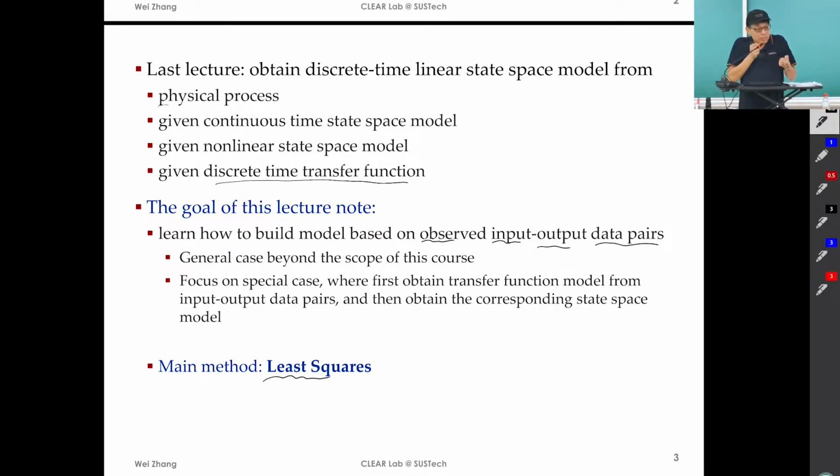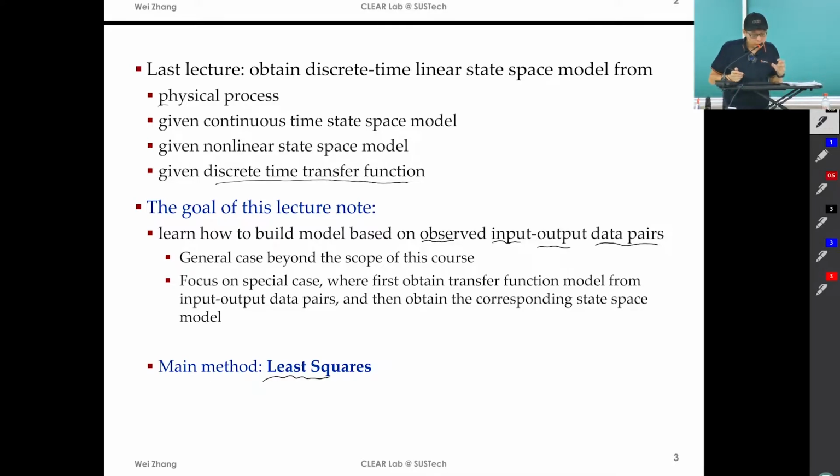You can apply some current to your circuit, then you measure the voltage, whatever the input output relation is. You take those measurements. You want to understand what's the RC circuit parameter. That's possible, right? So that's the development of the model based on data.